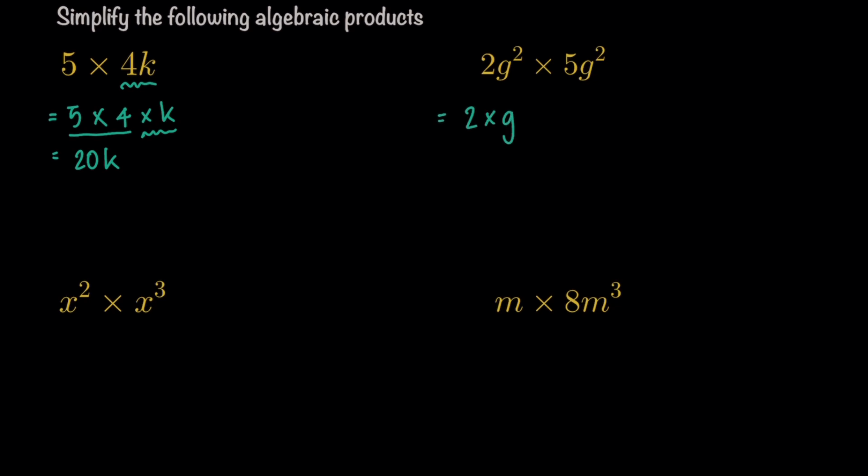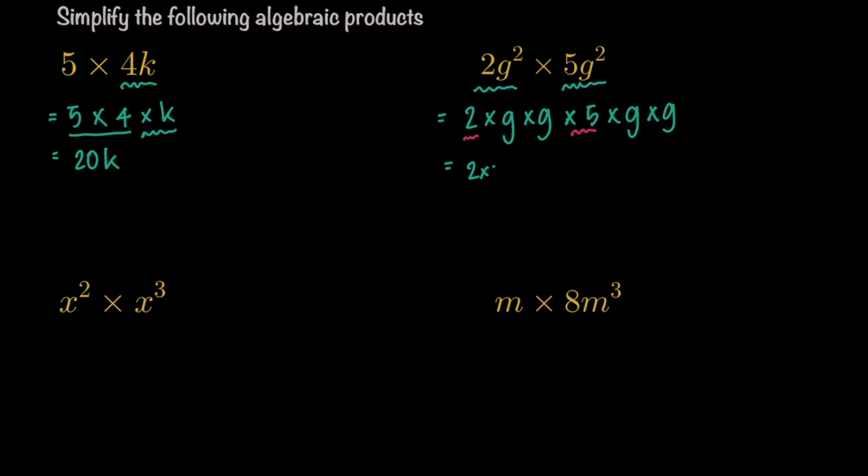2 times g is 2g squared. And I can rewrite 5g squared as 5 times g. Let's collect the numbers first. So I have the 2 and the 5, and they're being timesed.